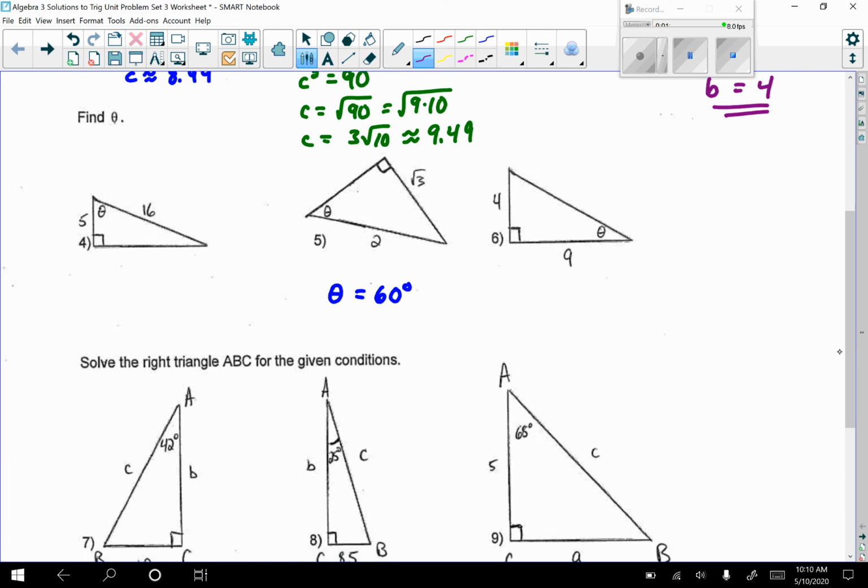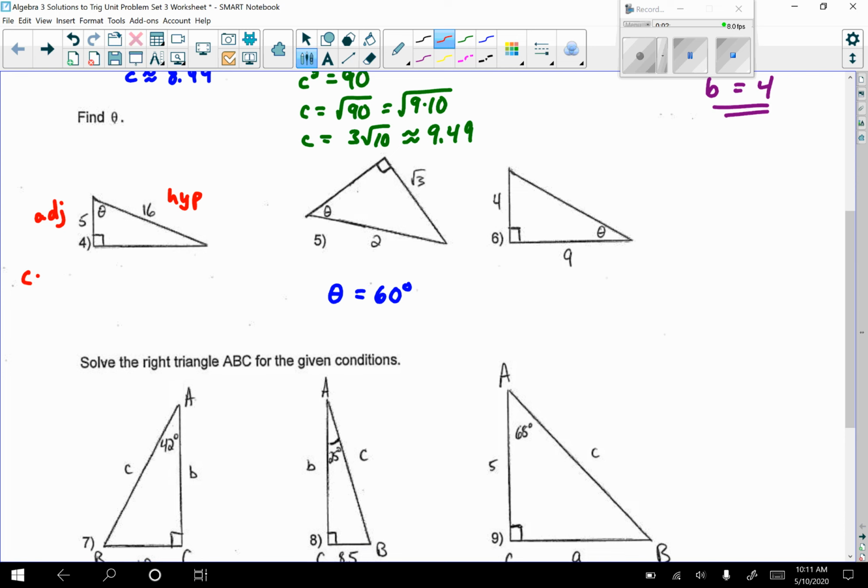Now for 4, 5, and 6, we have to find the missing angle measure theta. It's not necessary to find the third side. We have enough information just to set this problem up. In number 4, based on where theta is, the 5 is the side adjacent to our angle, and 16 is the hypotenuse because it's opposite the right angle. So adjacent over hypotenuse, we go back to SOHCAHTOA. Adjacent over hypotenuse is the cosine trig function.